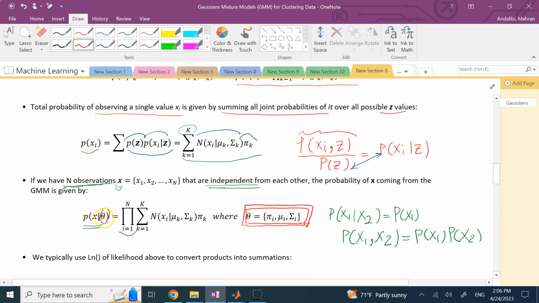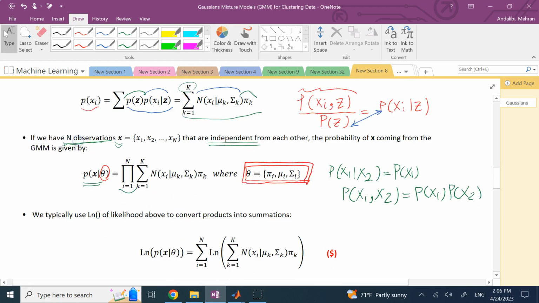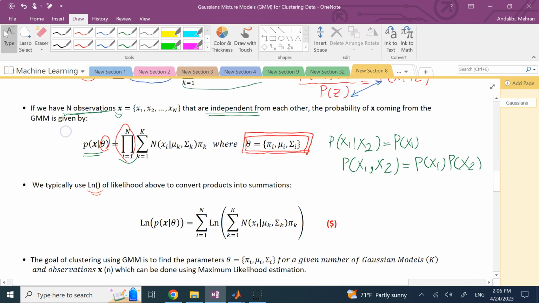Now, we typically do not use this function in its original form like this. We use the natural log of that. And the reason is the natural log converts the product into a summation for me, as you can see over here. And so we maximize the natural log of this likelihood function instead of the function itself, because now I have a double summation, and it's much easier in optimizations to work with double summations than with a pi followed by a summation.